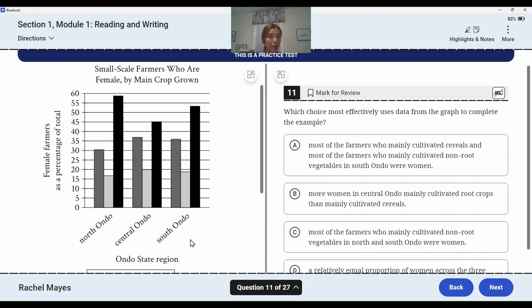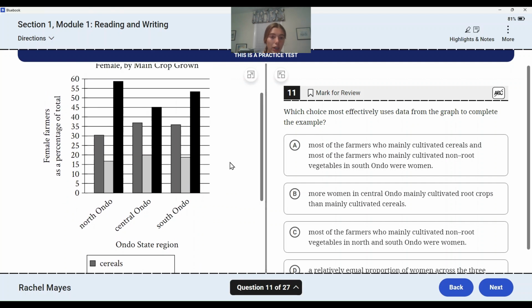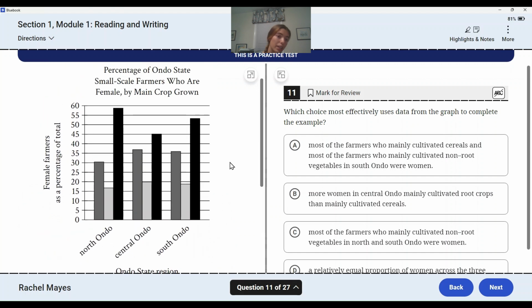Let's go ahead and take a look at the prompt for the question, just to make sure I'm on the right track. It says, which choice most effectively uses data from the graph to complete the example? Yes. So in any of these regions, does it appear that women are the majority of the farmers in that area?